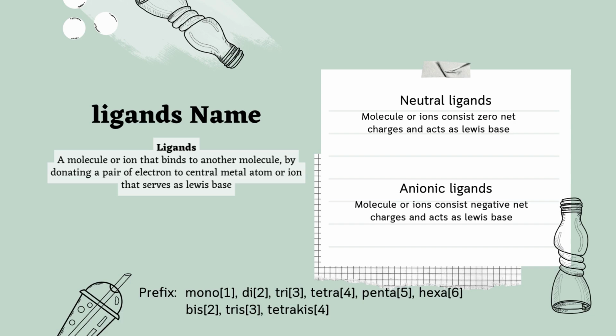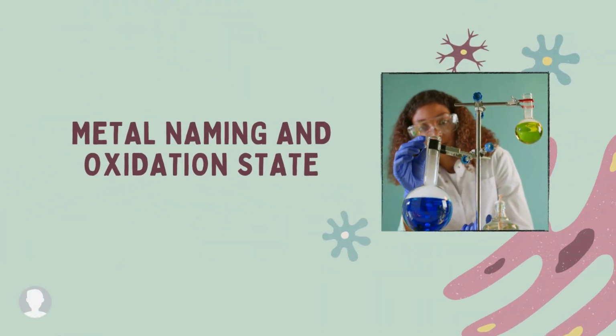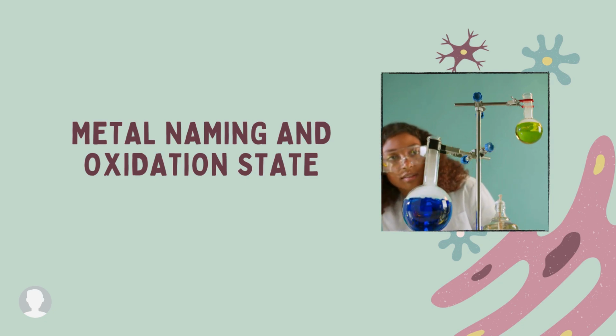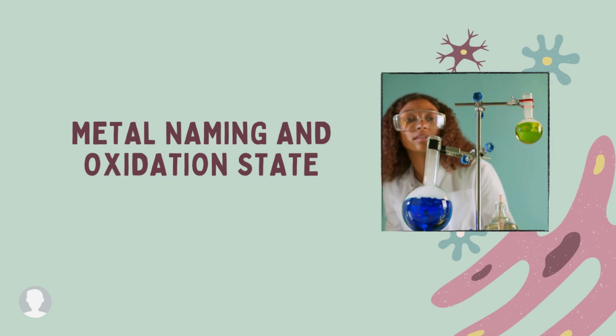Anionic ligands like chloride and cyanide are named with an O ending, such as chloro and cyano. For complex or already prefixed ligands, we use bis, tris, and tetrakis. Then we move on to metal naming and oxidation state.